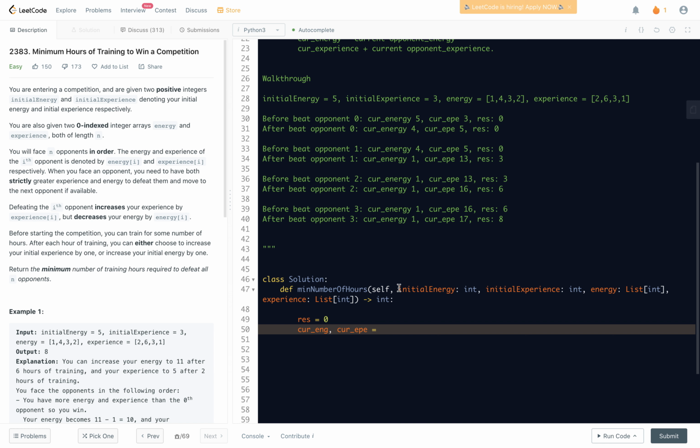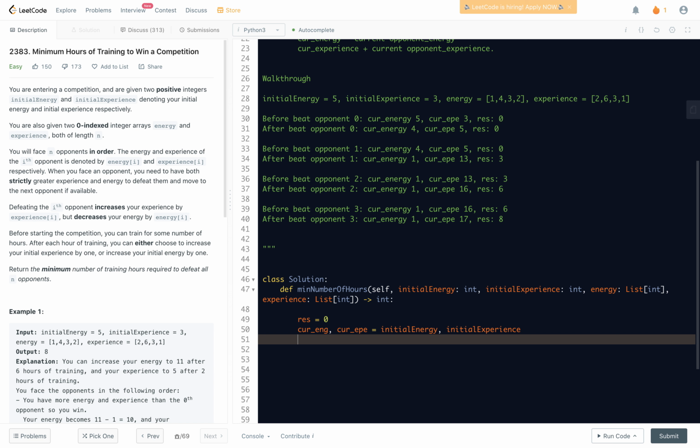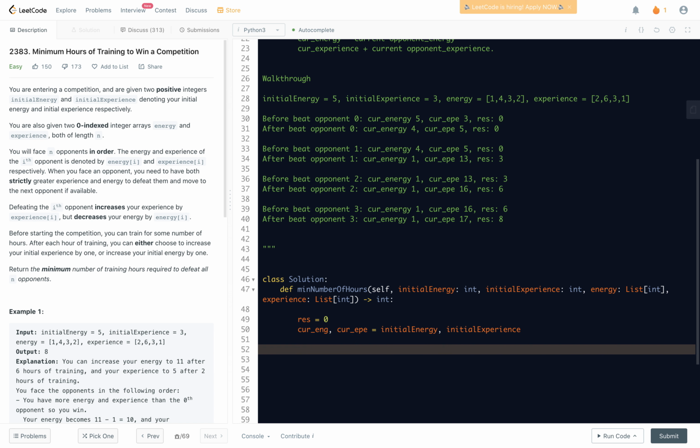Then we're going to introduce 2 variables called current energy and current experience. The initialization is straightforward. Initially the current energy is initial energy, and the current experience is the initial experience. So this finishes the preparation.